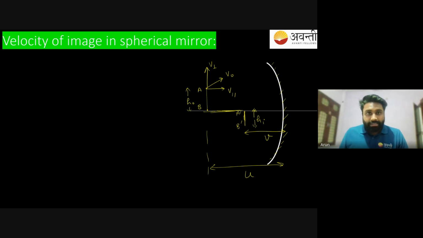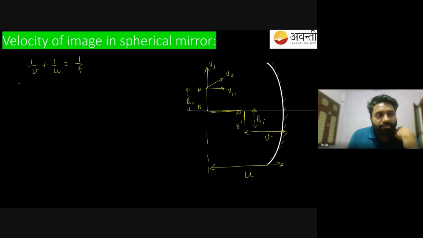So here we are going to use the relation 1 upon V plus 1 upon U is equal to 1 upon F. If we differentiate it with respect to time, we get minus 1 by V square dV by dt, because firstly we deal with it as a function, minus 1 by V square, then the differentiation with respect to time.